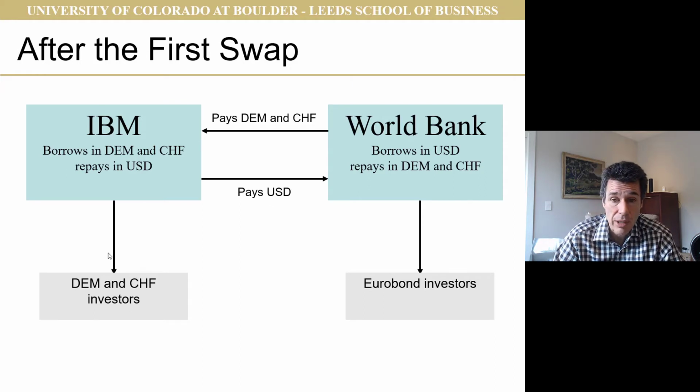Salomon Brothers would earn two fees, one from IBM and one from the World Bank. So this is really a dealer-driven market. There's enough trading activity in this market that Salomon Brothers, or Citigroup now, does not have to find IBM and the World Bank at the same time in order to execute the trade.